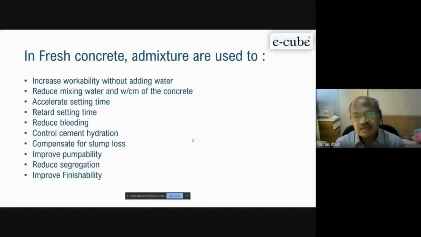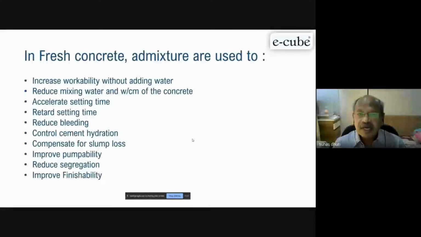As we have discussed, the water requirement for hydration is very low, about 0.25. Working at 0.25 is difficult, so we are adding more water for workable concrete. And that added water remains in the pores in the concrete, increases the porosity, and reduces the compressive strength also.